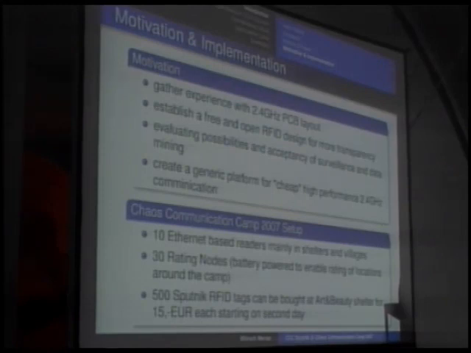And the new tag design has some nice additional features. For example, you have a real push button there where you can rate locations. For example, if you press 1, you give a location a low rating, and you can press up to 5 times on the button, and then a high rating will be submitted.